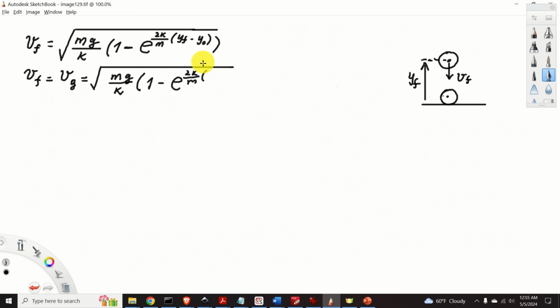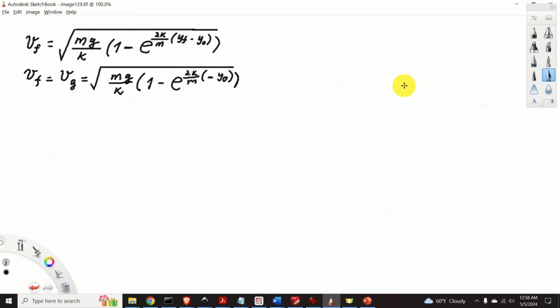Yf is equal to 0, and consequently we will have minus y0. And this is the final expression for the velocity just before the ball hits the ground. And don't forget to close this parenthesis over here.